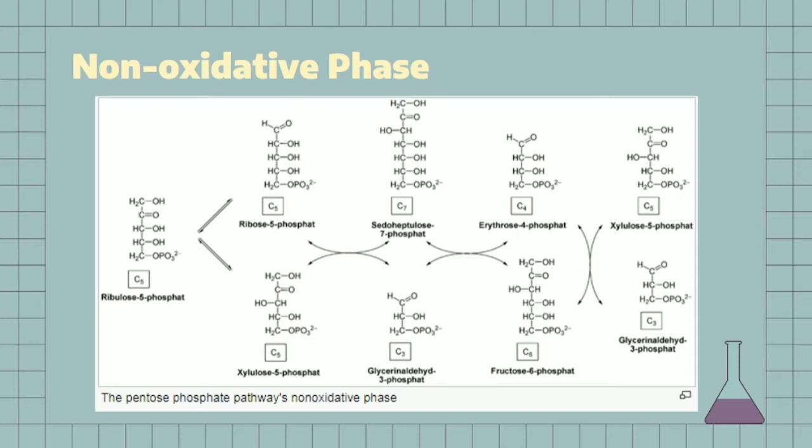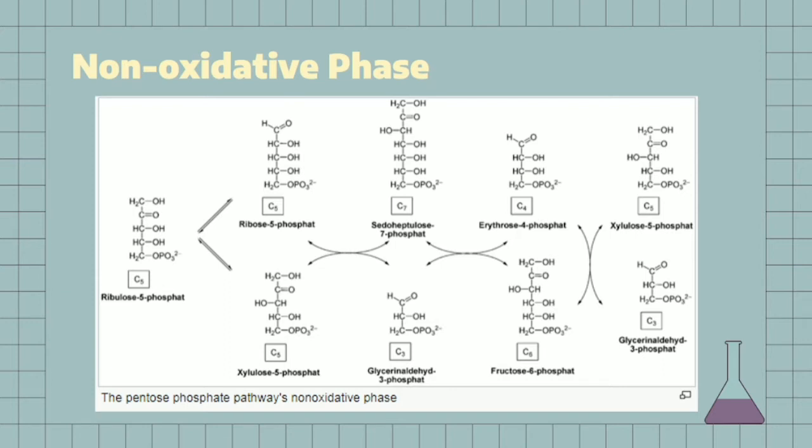After that, we take the two carbon groups from the xylulose 5 phosphate, changing it to glyceraldehyde 3 phosphate.